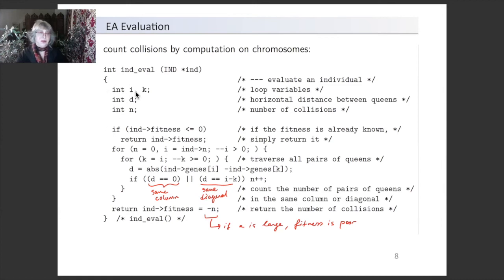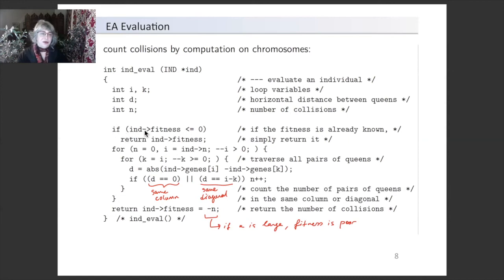We have loop variables I and k. We are going to use a double loop here. We have integer d, the horizontal distance between queens. And we have integer n. This is the number of collisions that we are going to calculate as the fitness value.